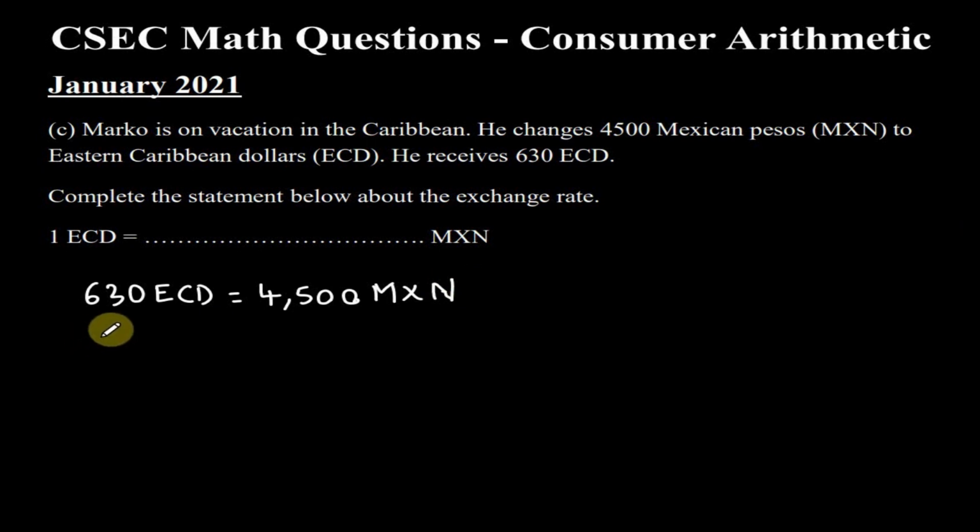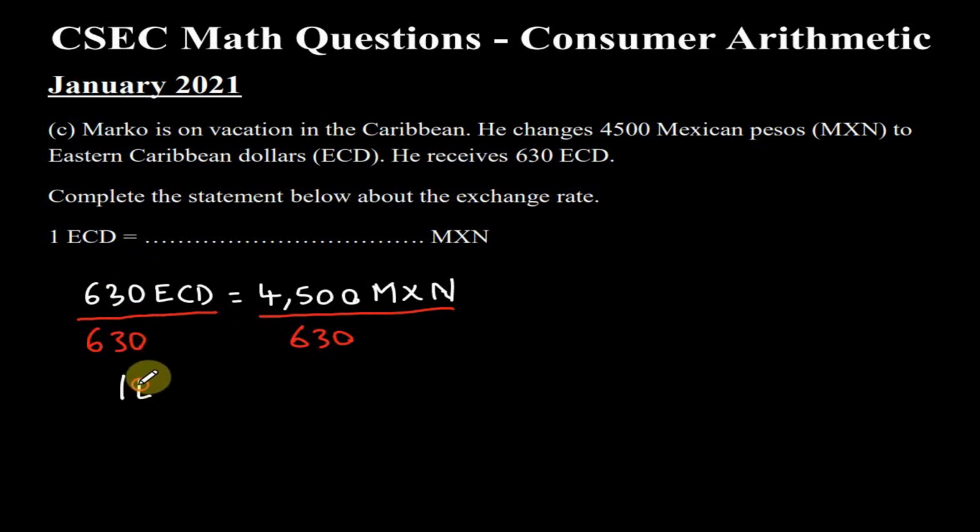And an easy way to do this, guys, if we want to find out what one Eastern Caribbean dollar is in Mexican pesos, we can divide both sides by 630. And I'll tell you the rationale for doing this. If I divide 630 by 630, I'll get 1, right? 630 going into itself 1 time.